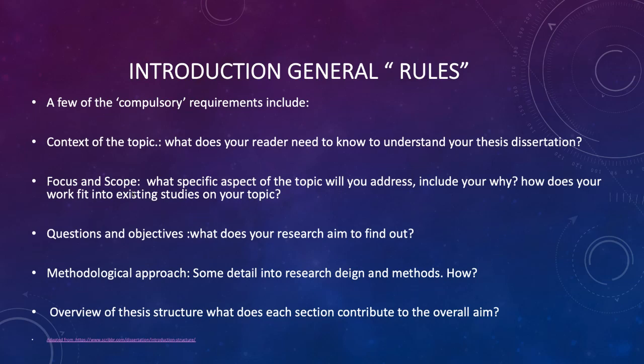You might say that my work takes a different methodological approach, or my work is going to explore, if the topic is, for instance, let's say the topic is global warming, my work is not going to focus on climate change, it's going to focus on sustainable food security. Why did you make that choice?